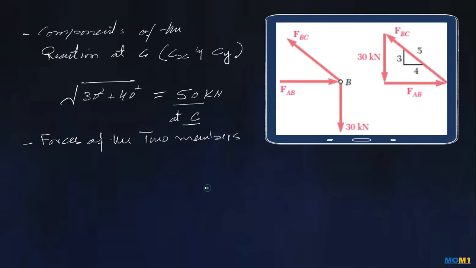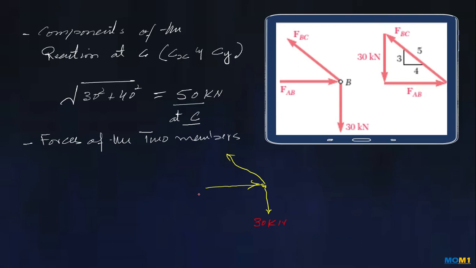Let's say this is beam AB, this is the load, and here we are having a load of 30 kilonewton.